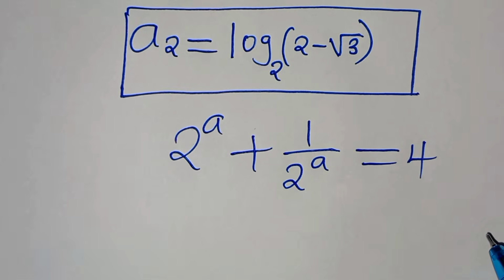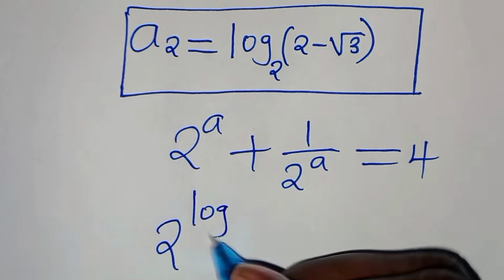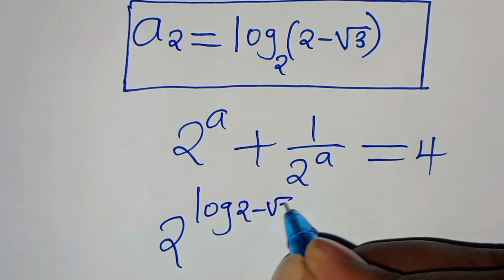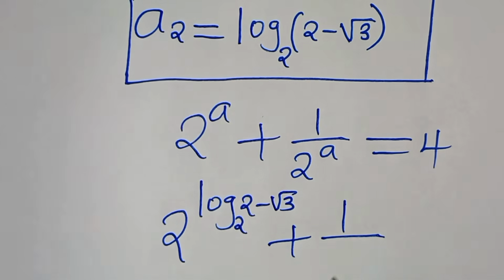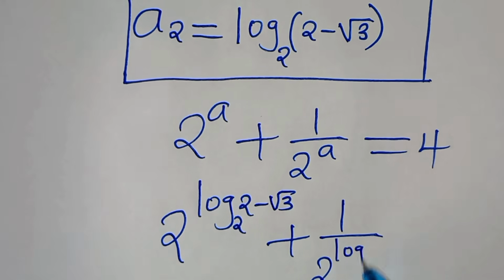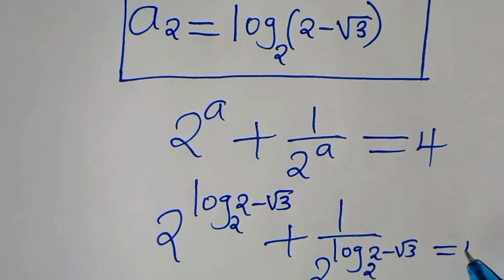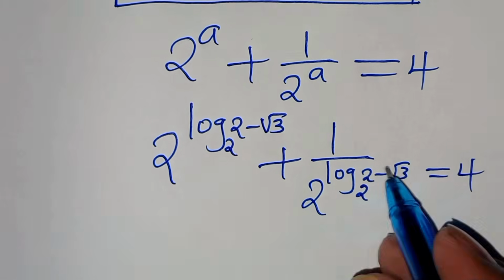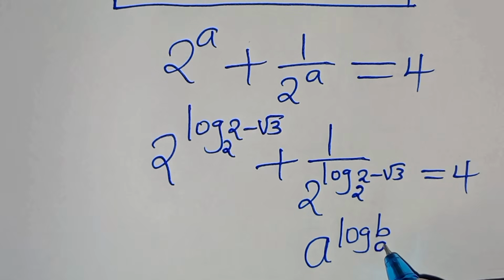Let's substitute the value of a so that we have 2 to the power of log base 2 of (2 minus square root of 3), then plus 1 over 2 to the power of log base 2 of (2 minus square root of 3). This is equal to 4. Now this is in the form of a to the power of log b to the base a.